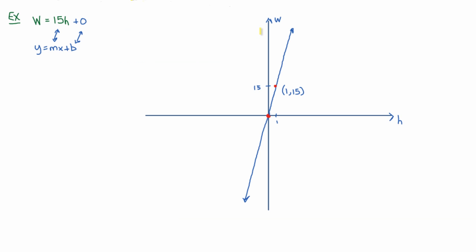And that is represented in this previous example here, where we have a direct variation, w is equal to 15 times h, and when we graph it out, it actually is a line with slope 15 that goes through the origin.